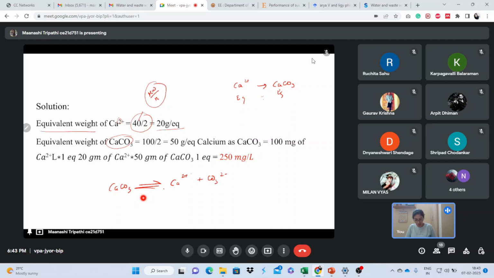So the denominator is again 2. It came to 50 gram equivalents. I told you both the equivalents should be the same. So 50 gram equivalent of CaCO3 is equal to 100 milligram of calcium into one equivalent.